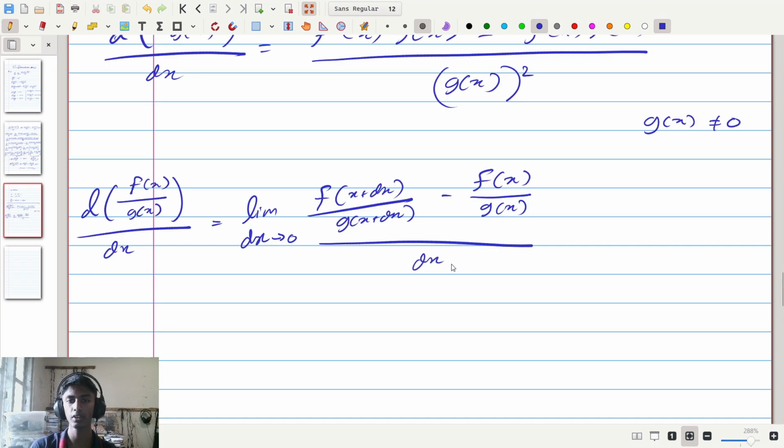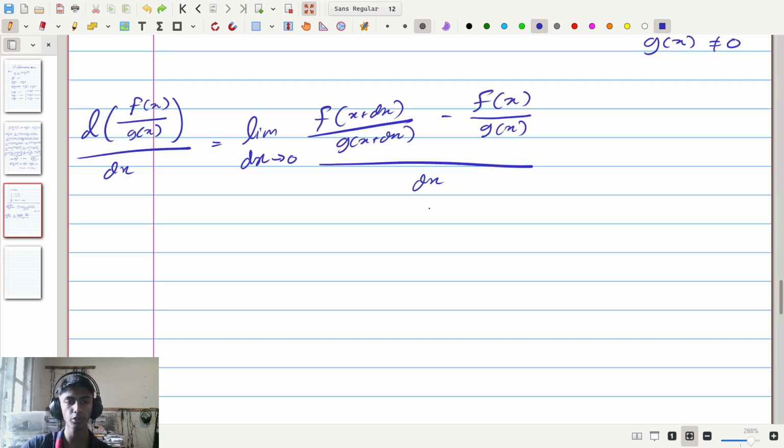So we have this. What we're going to do now is to cross multiply these two and take a common denominator of g(x) times g of x plus dx. Doing that, I'm going to take this equal sign to the left because we need space for this.